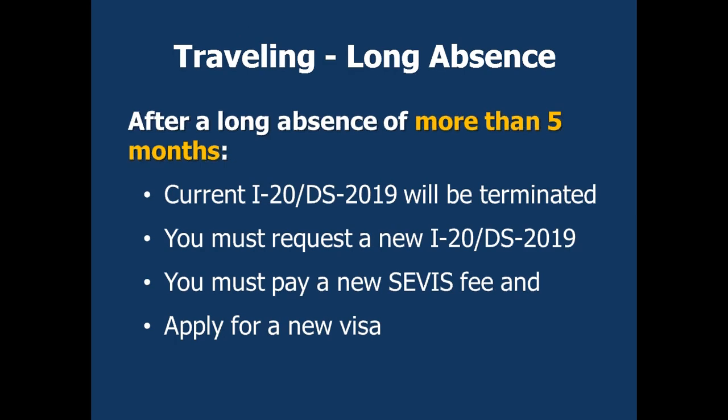Traveling that is going to take a long time, more than 5 months, we call a long absence. You will need a current I-20 or DS-2019, but you must know that this is going to be terminated or cancelled. Basically, this is going to be done temporarily.